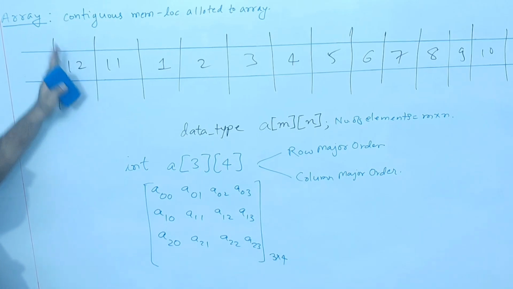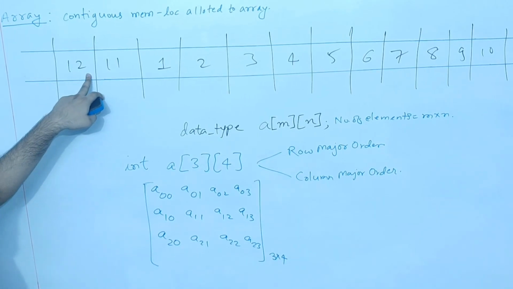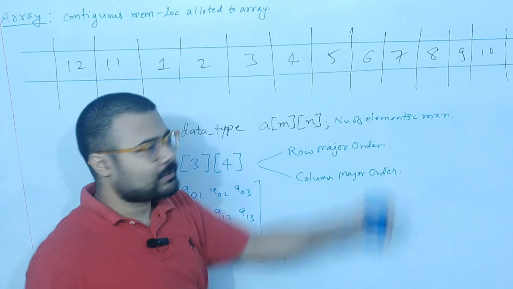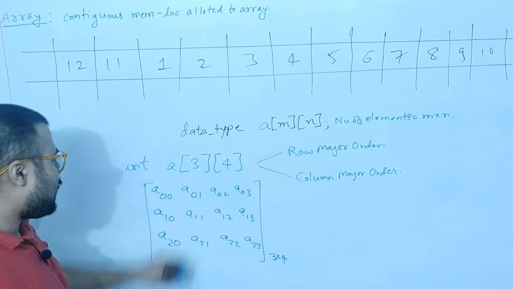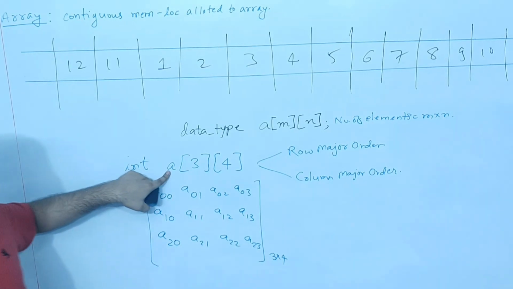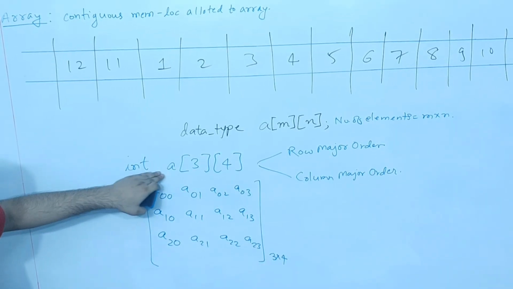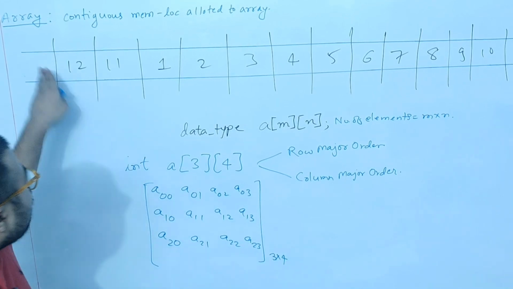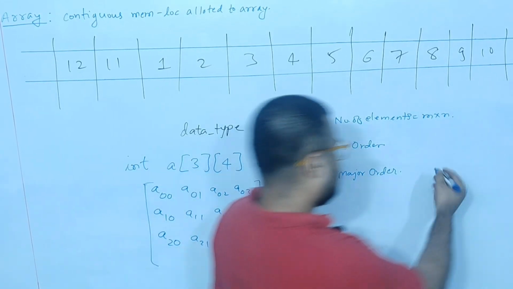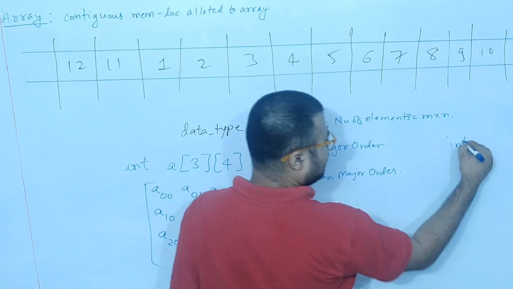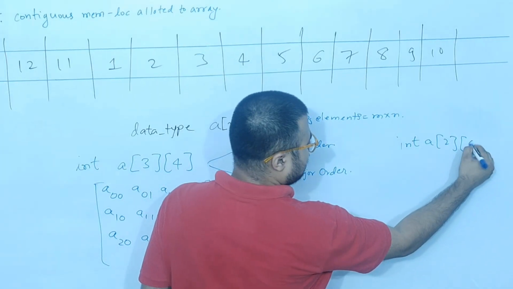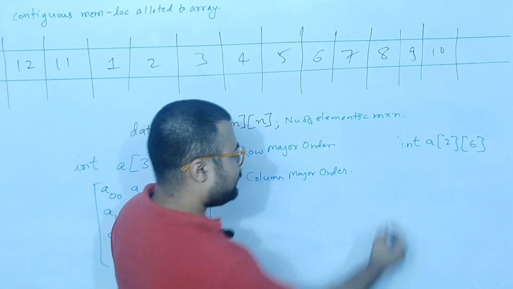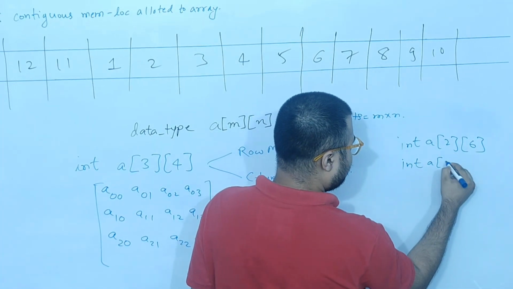The first element of the array starts from this location, and the last element is at this location. Total number of elements, as you can see, is 12. So I am taking one declaration as a[3][4]. Another possible declaration for this array could have been int a[2][6], but just the multiplication should give you 12. Or a[3][4], a[4][3].